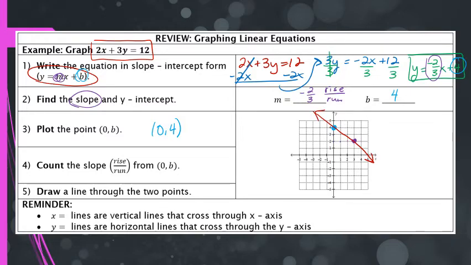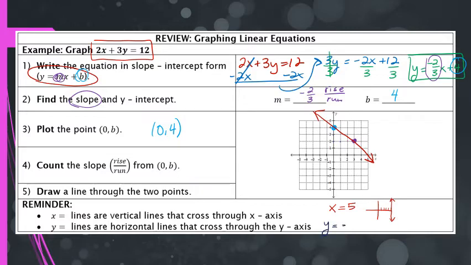Now, just a couple reminders. If you have a line that is just x equals, for example x equals 5, that would be a vertical line through 5 on the x-axis. So I'm going to draw you a quick sketch here. I would go over to 5 on the x-axis and draw a vertical line. If you have a y equals line, that is a horizontal line.